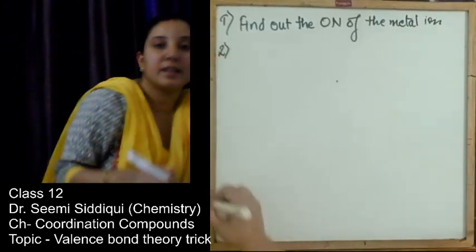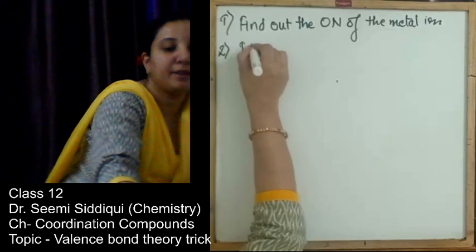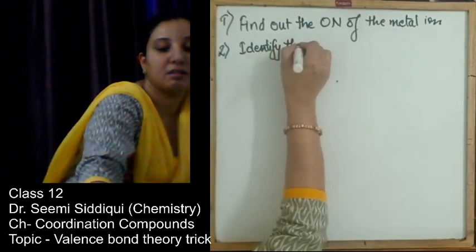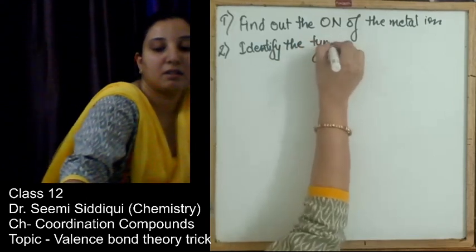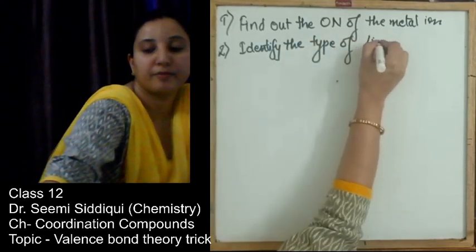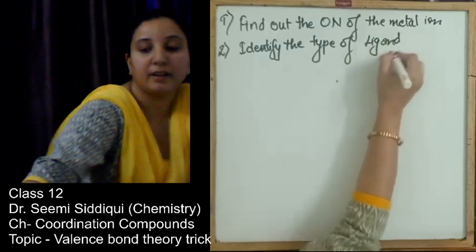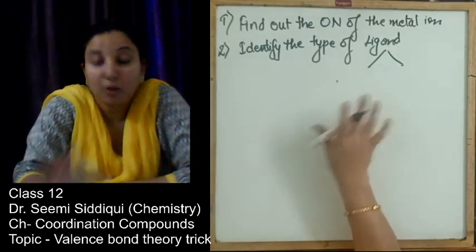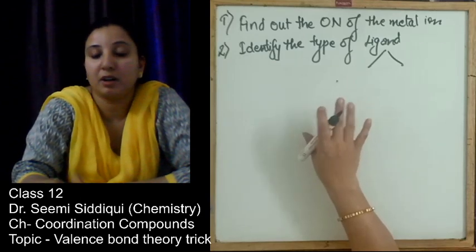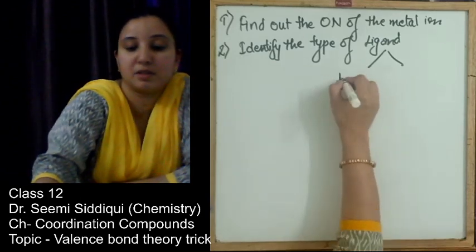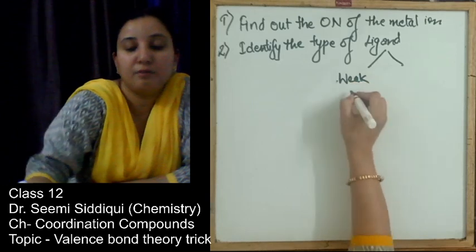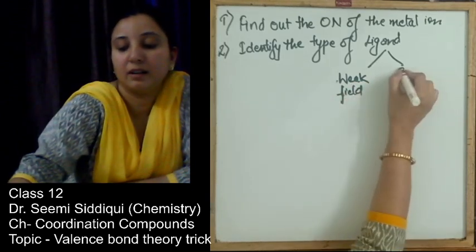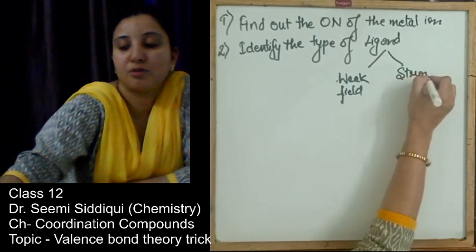And the second one is to identify the type of ligand. According to this theory, ligands can be of two types: a weak field ligand and a strong field ligand.